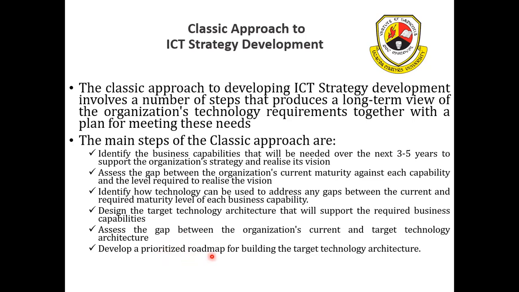Finally, you develop a prioritized roadmap to build that targeted architecture. So that is where the gaps come in. The prioritized roadmap is where you say, for us to get that targeted technology architecture, we need to first start with maybe 1, backbone, 2, this, like that. We prioritize and drive towards those goals.